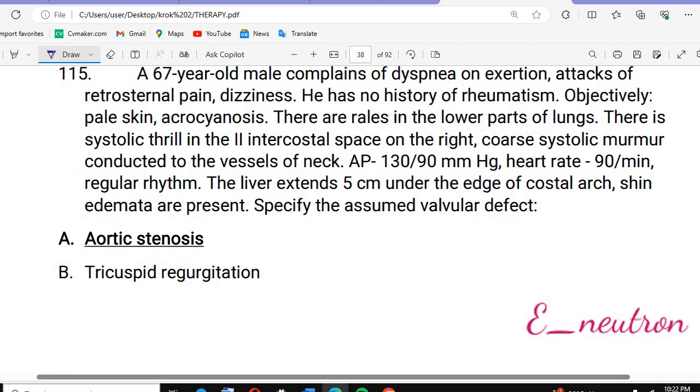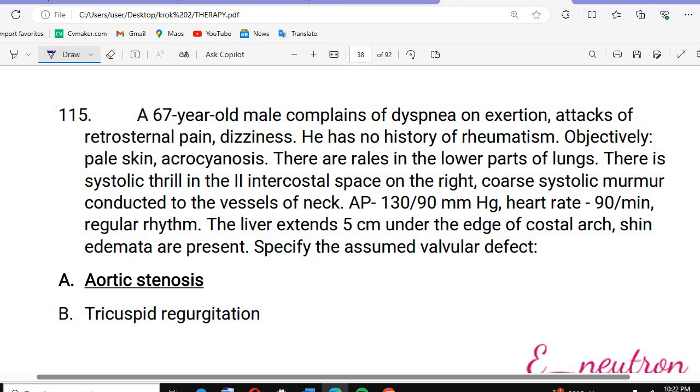After that, the next question: we see there is dyspnea on exertion, attacks of retrosternal pain, dizziness. He has no history of rheumatism.